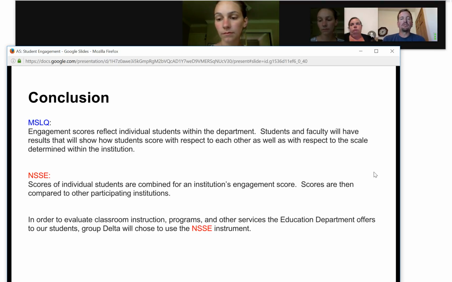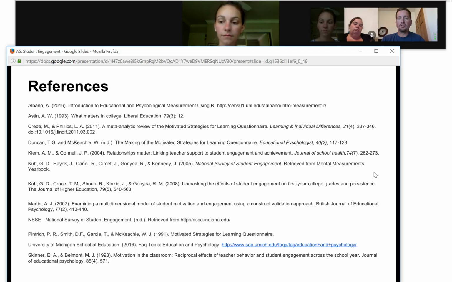But then you also run into the question of how many questions are common, what's overlapping, and testing fatigue. That's a lot of questions to answer between the two of them. But for our purposes for this study, we decided that the NSSE was a stronger instrument and would fit our needs. In conclusion, here is our list of references.